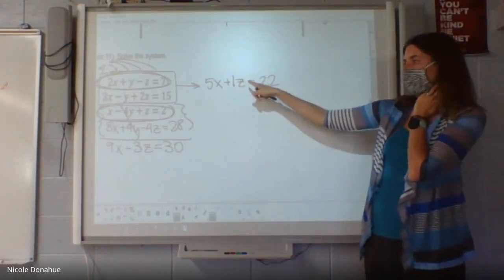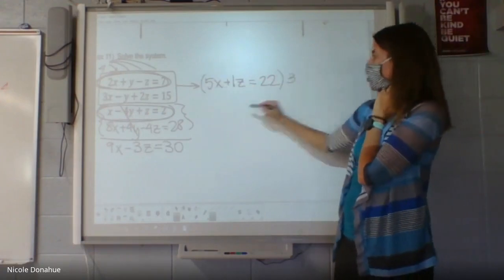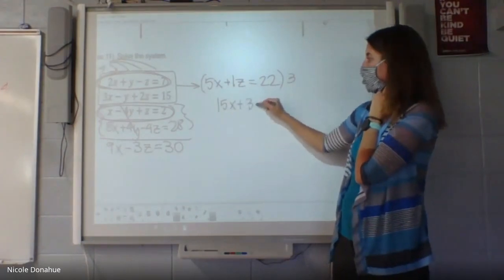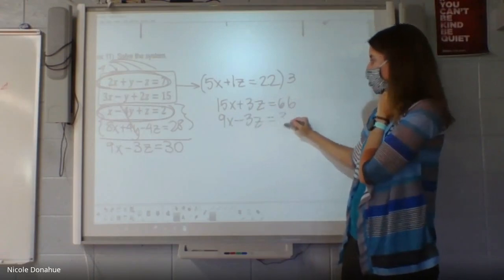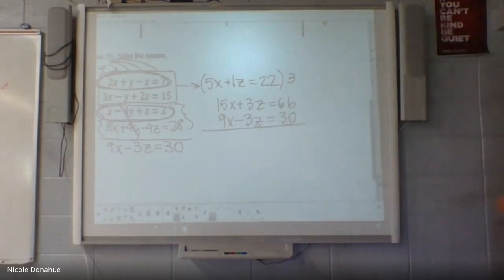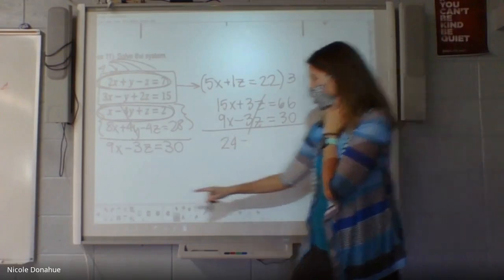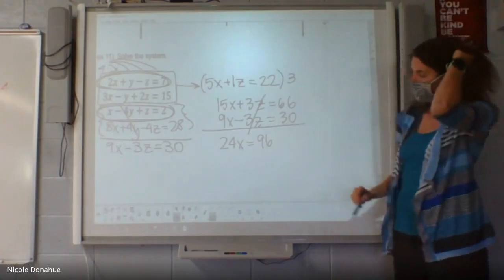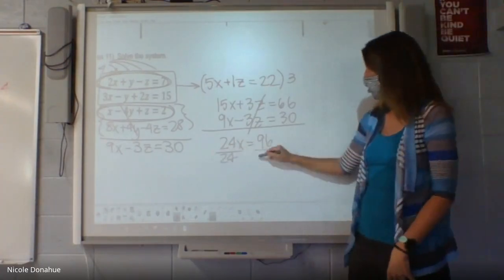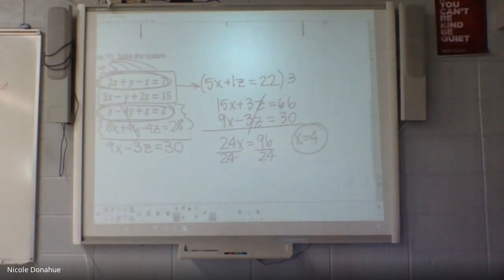If this can get multiplied by 3, then it would cancel here. I'm going to put this one right underneath. So now the z's cancel. So x ends up being 4.